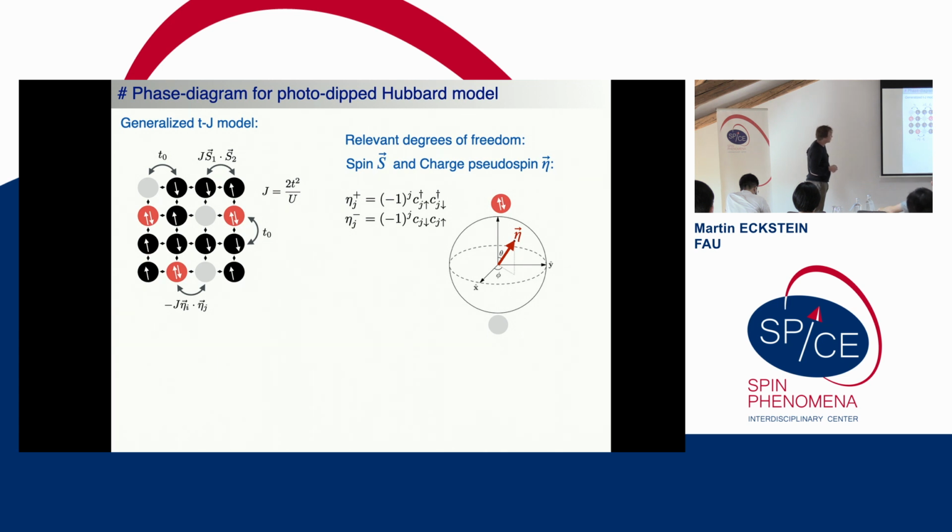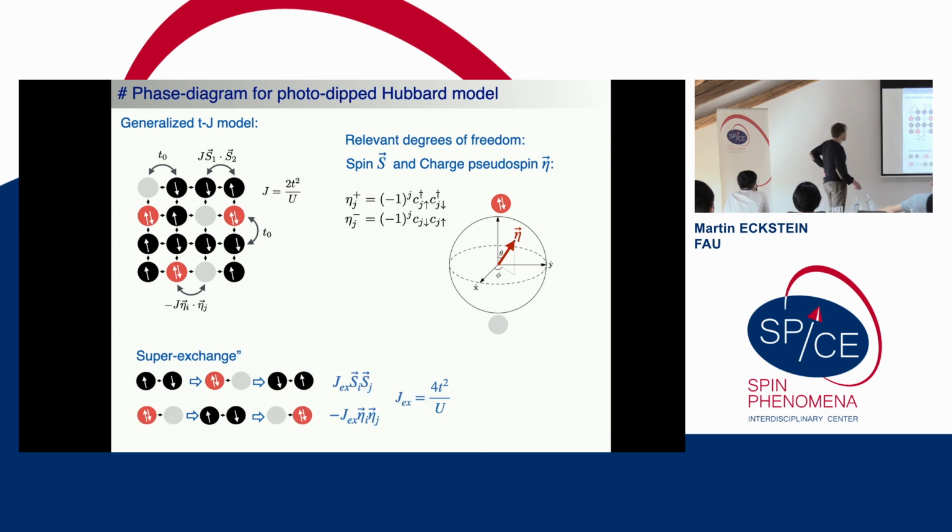Up and down correspond to doubly occupied and empty, and eta plus and eta minus are actually pair creation and pair annihilation operators. So if you have an order of these spins through the superexchange, then it corresponds to a superconducting condensate.